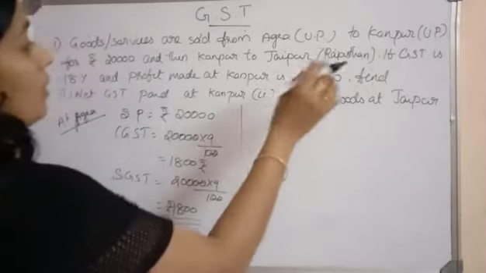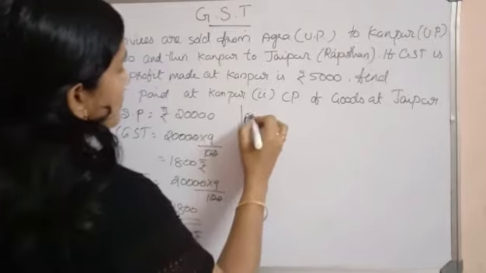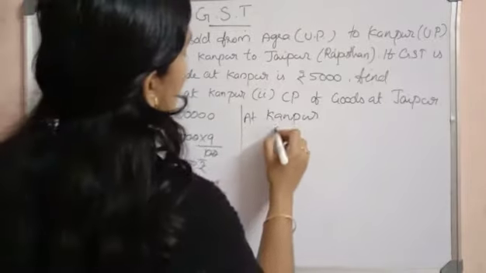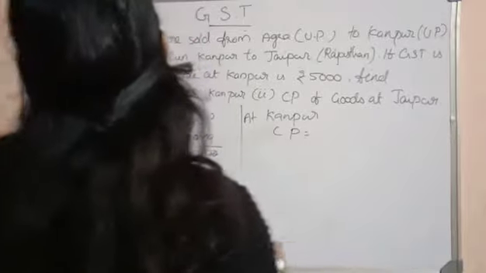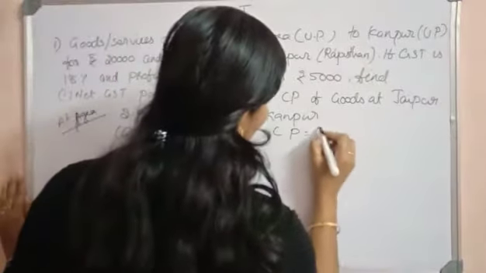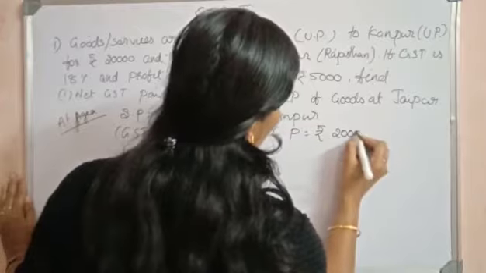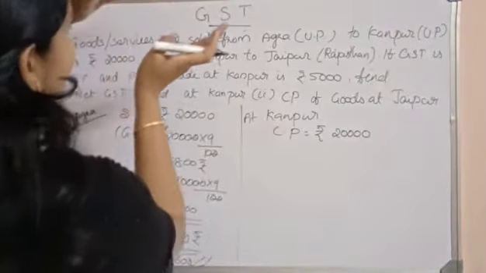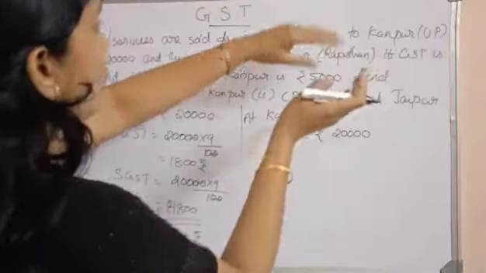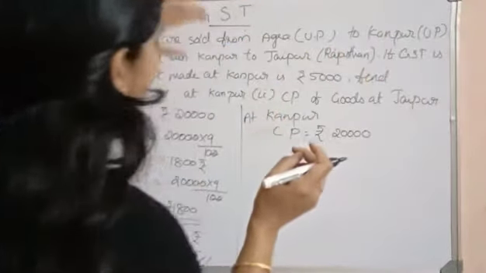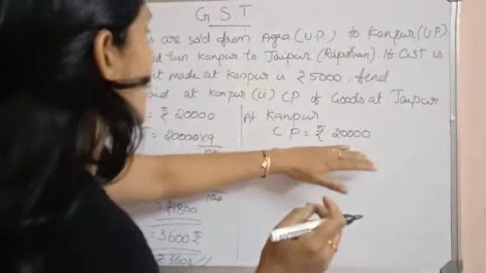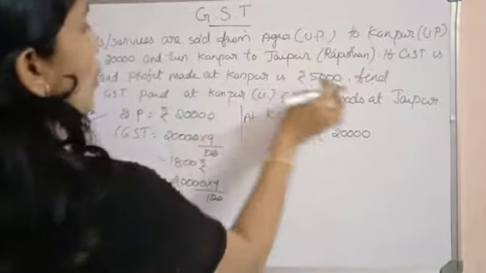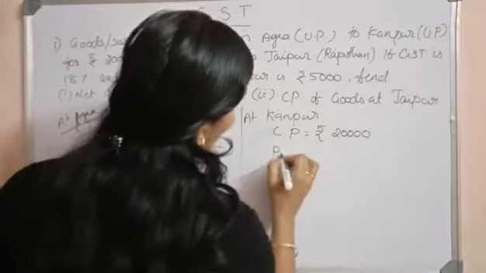Now, at Kanpur, the cost price is equal to rupees 20,000. So the services are sold from Agra to Kanpur. So Kanpur is purchasing. Therefore, the cost price is rupees 20,000. And here they are making a profit of rupees 5,000.